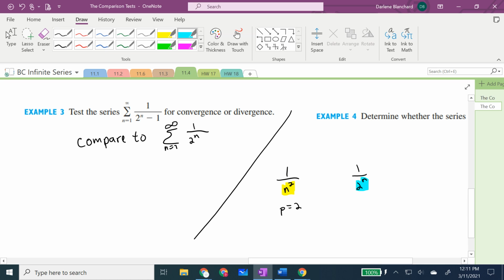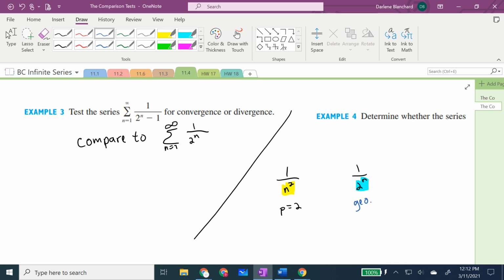This one looks like an exponential. This one is a geometric series. So if it looks polynomial, you're going for p-series. If it looks like an exponential function, you're going with geometric series.